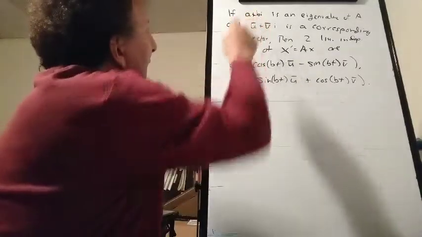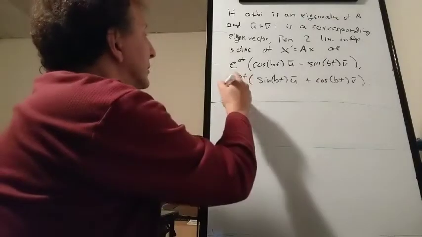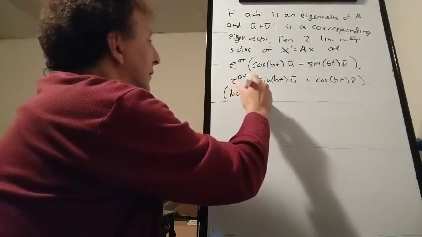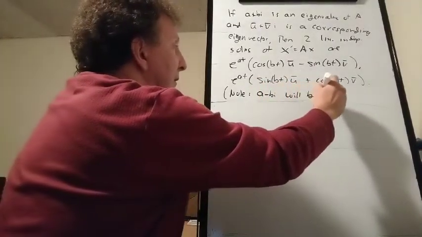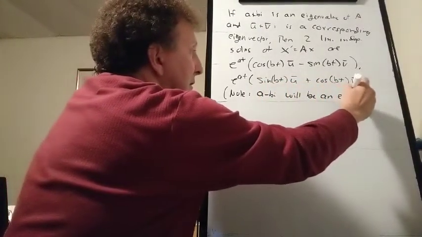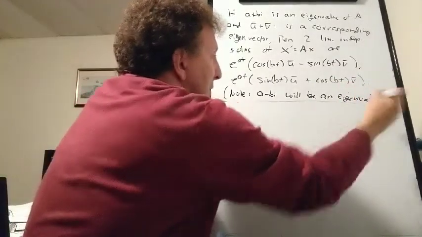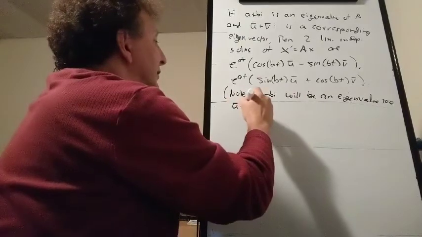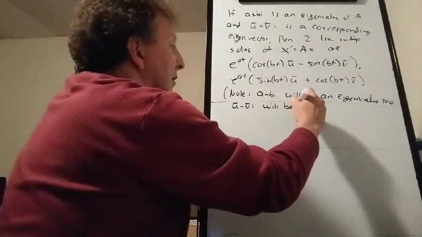Now, a minus bi is necessarily going to be an eigenvalue too, and u minus vi will be an eigenvector too.